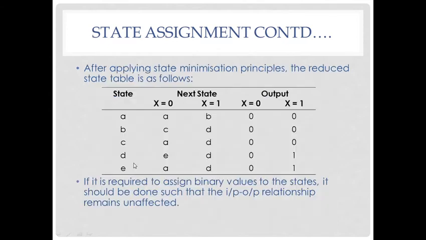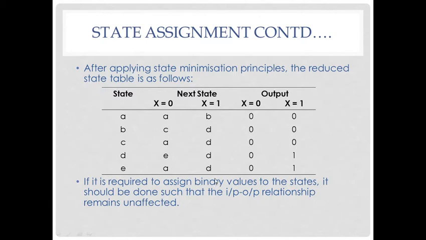Now, after applying the minimization principles, we realize that whether we have these 5 states A, B, C, D, and E, or those 7 states A, B, C, D, E, F, and G, the input-output relationship we had with those 7 states is the same as the input-output relationship with these 5 states.